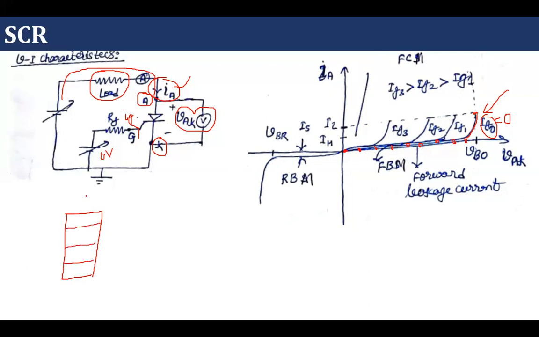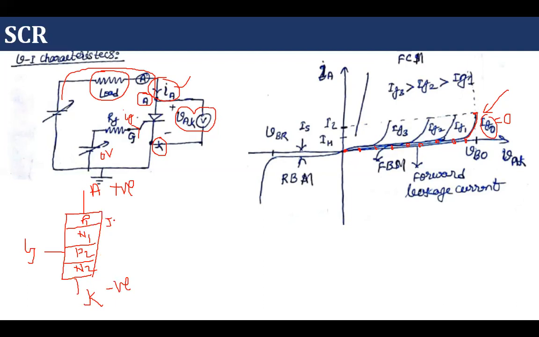So these are the 4 layers: this is P1, this is N1, this is P2, and this is N2. This is the gate terminal, this is the anode, and this one is the cathode. If I apply a positive voltage at the anode with respect to the cathode, what will happen?